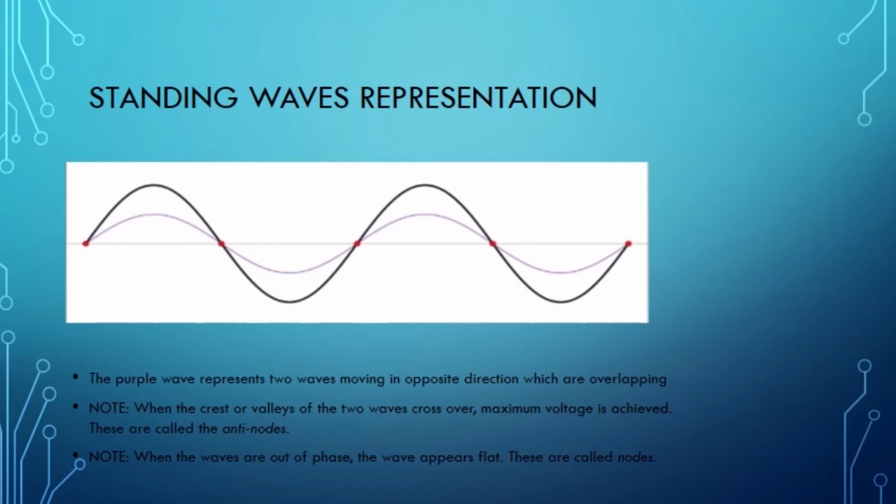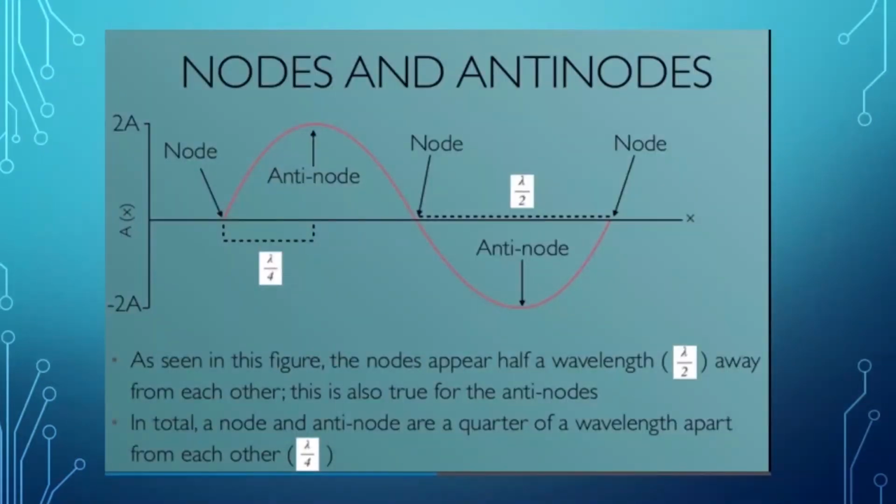Also note that when the crest and valleys of the two waves cross over, maximum voltage is achieved. This is called antinodes. And also take note, when the waves are out of phase, the wave appears flat. This is like the gray line. These are called nodes, so nodes and antinodes, as in the figure above.